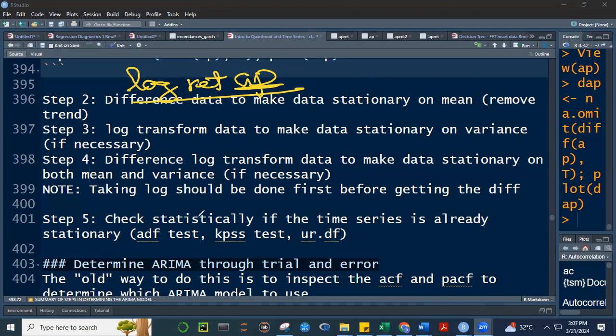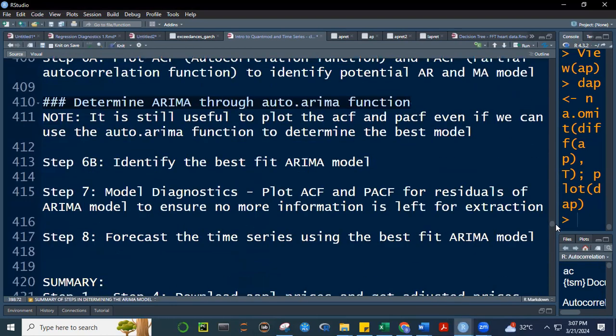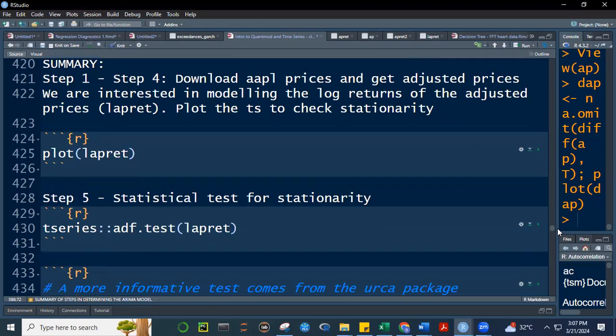Step five here says that we have to check our data statistically if there's stationarity. So what we did last time, class, was this, our step 5.